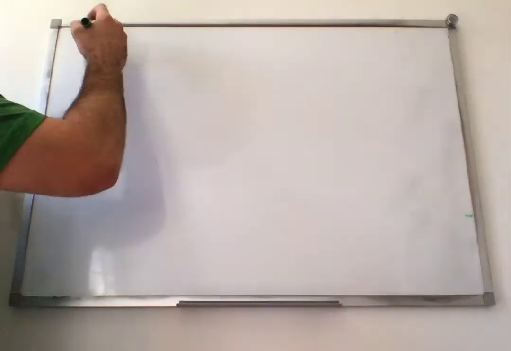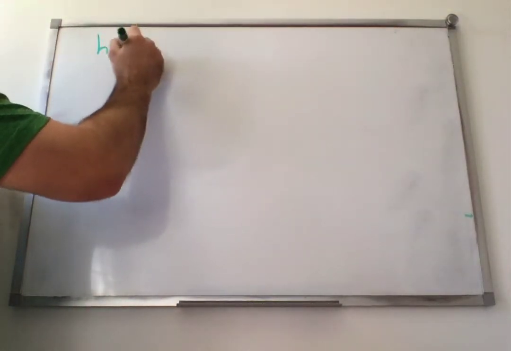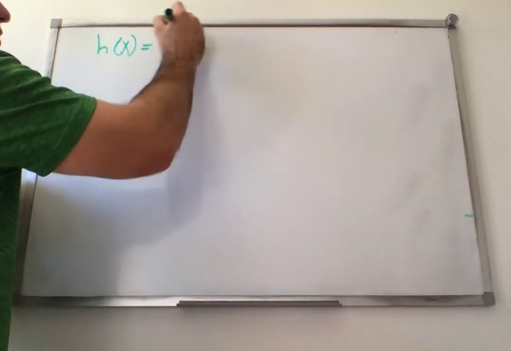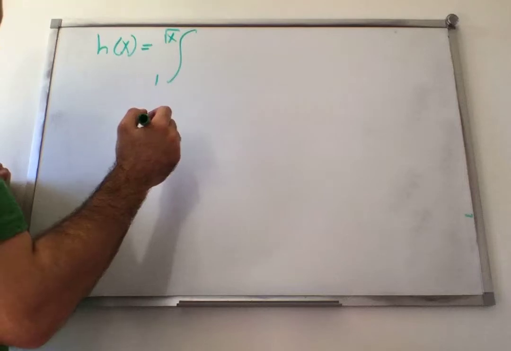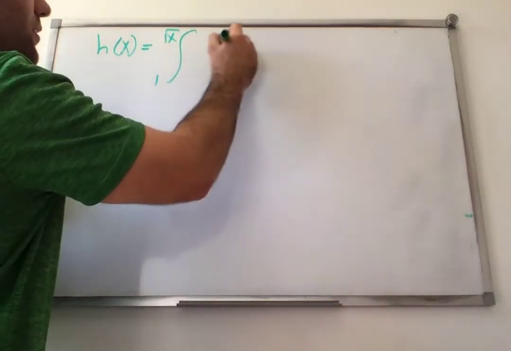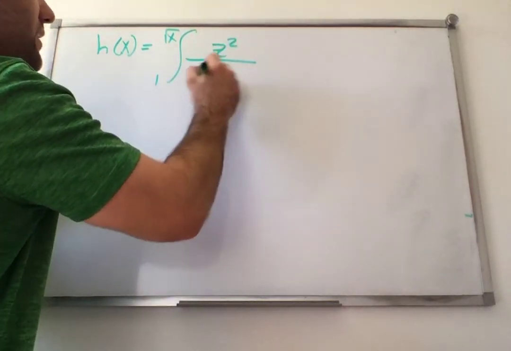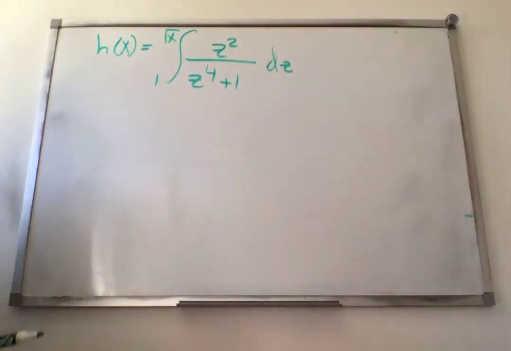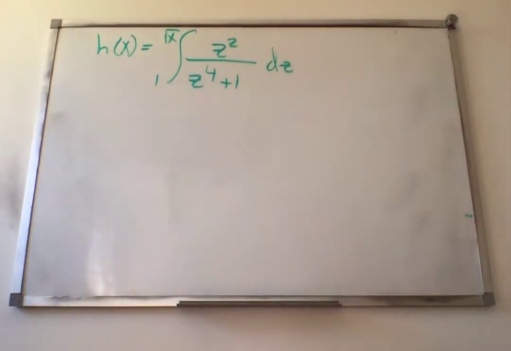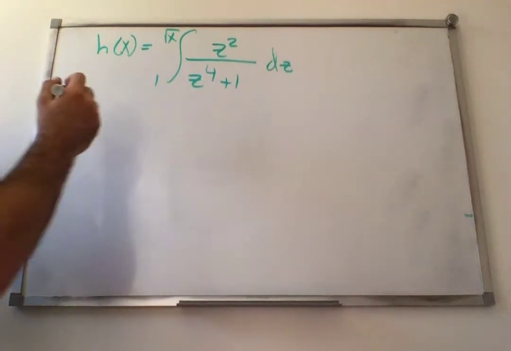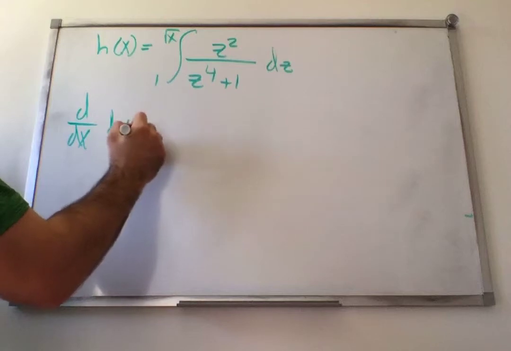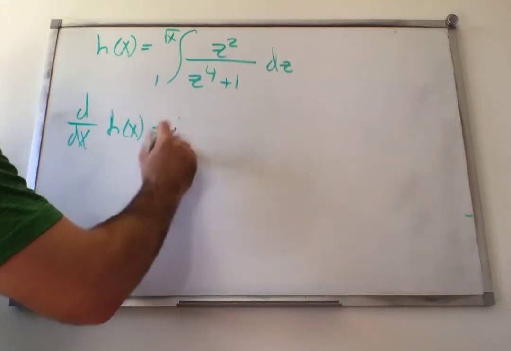Let's take a look at the next example. It says h of x is equal to the integral from 1 to the square root of x of z squared over z to the 4th plus 1 dz. So we want to find d by dx of h of x, in other words h prime of x.